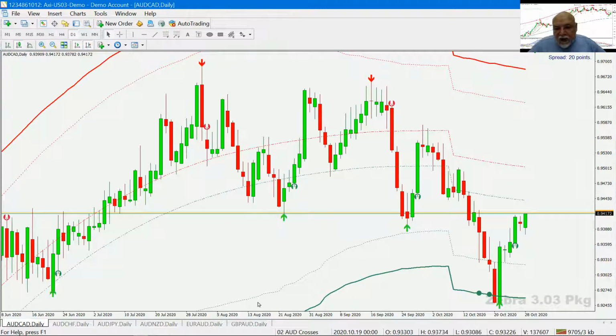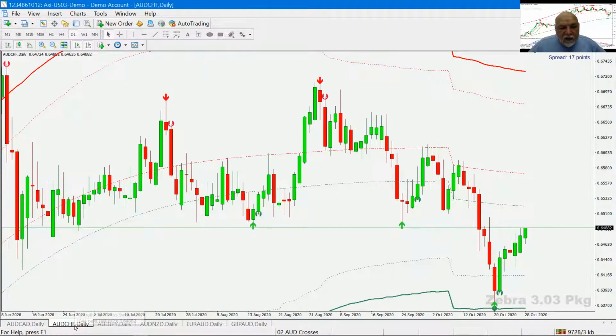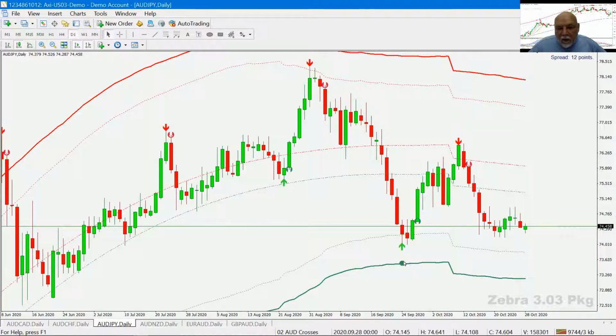Here we see that would have been a pretty nice trade. Aussie Swiss. Here we have another trade that could have given me some pips. Here again, coming down here, nice trade setup.